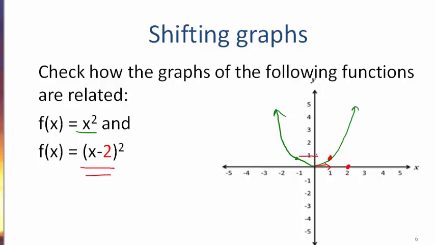That's shifting this point 2 units this way. And if x equals 3, y equals 1, and I get this point here, that shifted this original green point, which is now covered up, this direction too, and my graph looks like this. So my whole parabola has shifted to the right by 2 units because of the change in input.